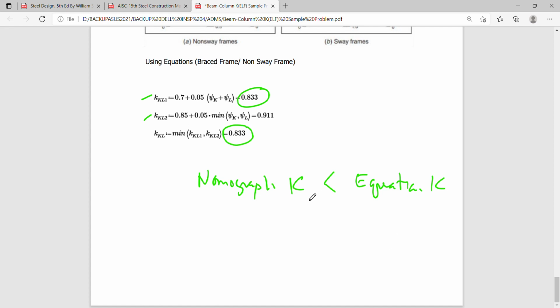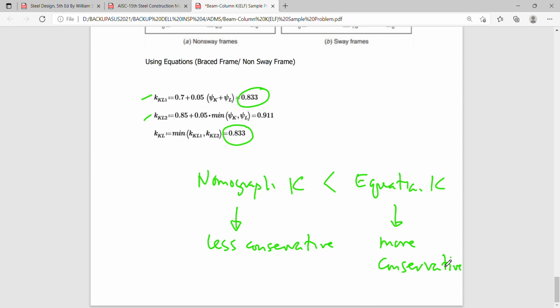Okay, so if this is now a comparison between the effective lengths, we can say that this is, which is more conservative? So this is now your less conservative value, and this is the more conservative value.